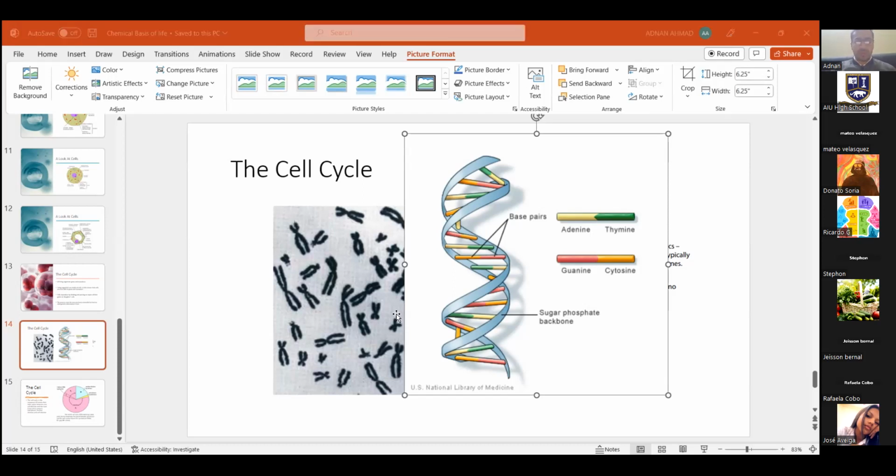Let me write it for you here. DNA contains genes that give orders to synthesize, or manufacture, proteins in our body. Manufacture is an easier word.